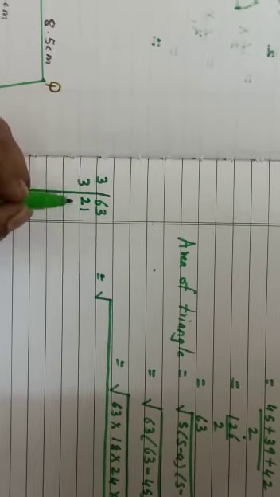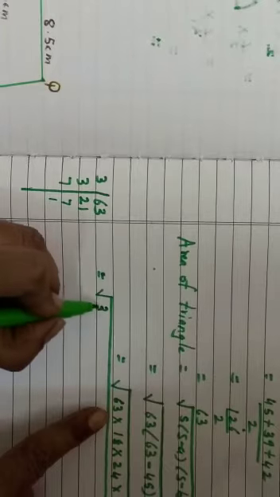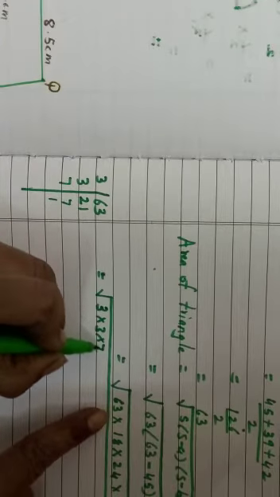Then this is easy, 3 sevens are 21, 7 ones are 7. So 63 we can write as 3 into 3 into 7.